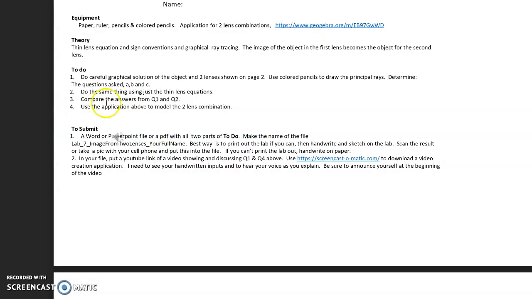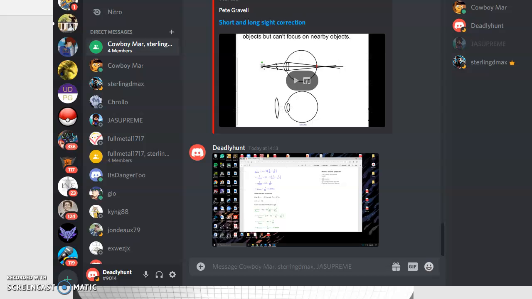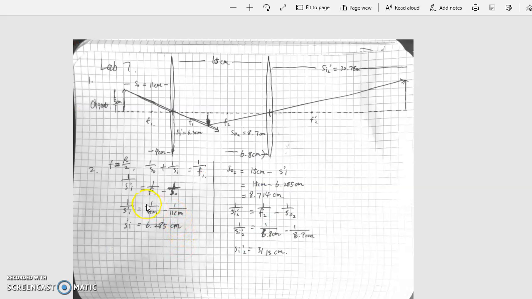So in the second question, we use the thin lens equation to confirm that our graph is relatively accurate. So using this, we know the focal length.